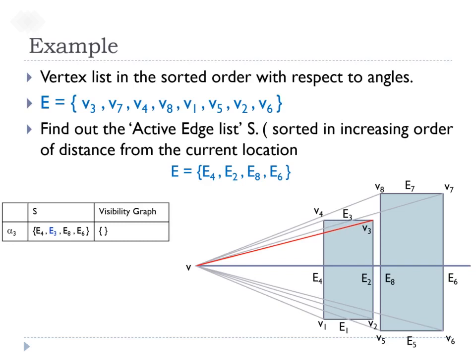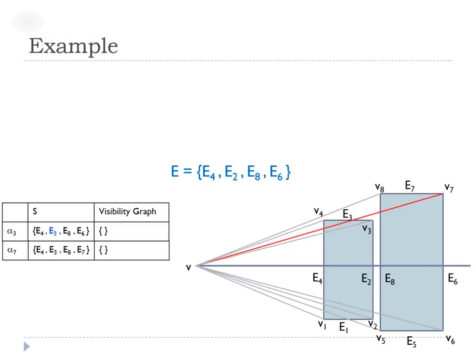Now at alpha 3, when you have vertex V3, the active edge list will be E4, E3, E8, E6, as we discussed before. Next vertex is V7 in the increasing order of angle. And here you can see that now E6 is dropped from the active edge list, whereas E7 enters.